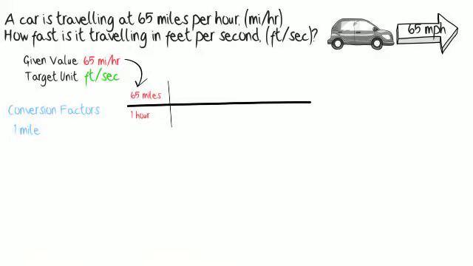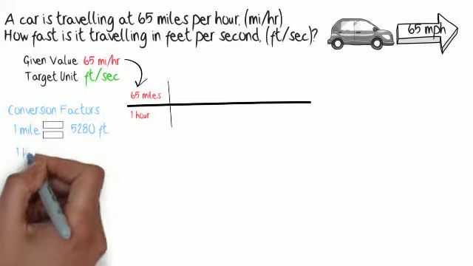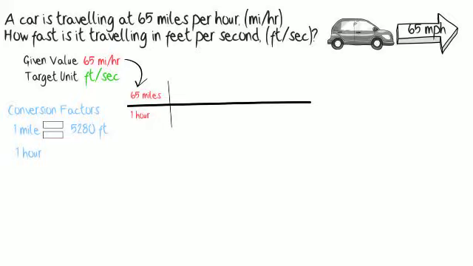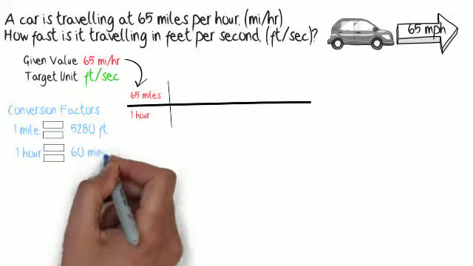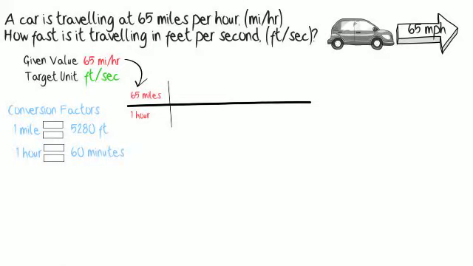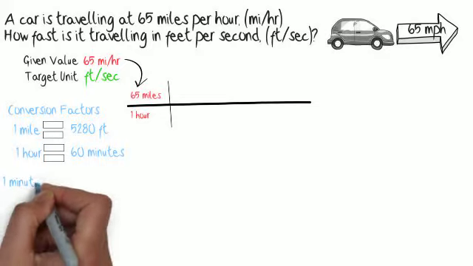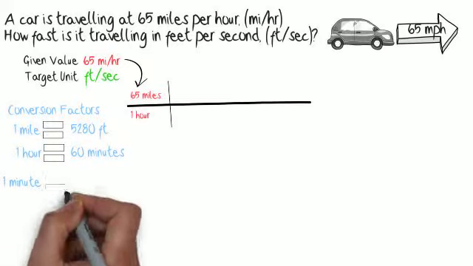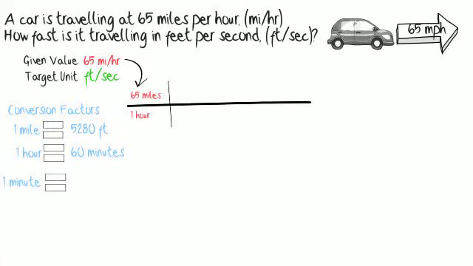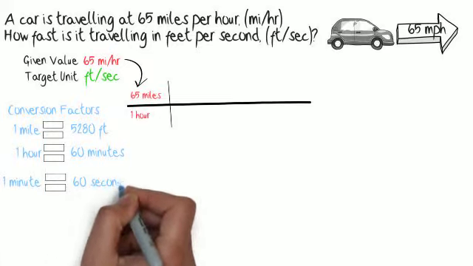From your table of conversions, 1 mile is equal to 5,280 feet. We also know that 1 hour is equal to 60 minutes, and that 1 minute is equal to 60 seconds. Now we could choose to convert either one first. You could convert hours to seconds, or you can convert miles to feet.